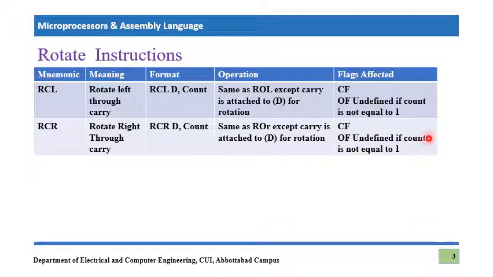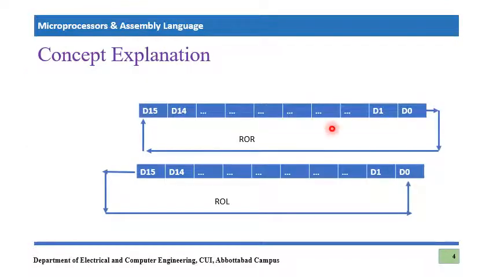So let's go to the next slide so that we can graphically observe the operation of these instructions. Okay, here we are going to explain the concept with this diagram. One can clearly see the D0 bit, and we are performing rotate right.